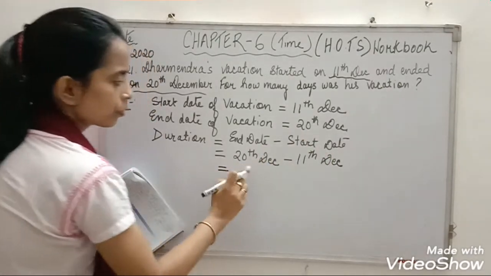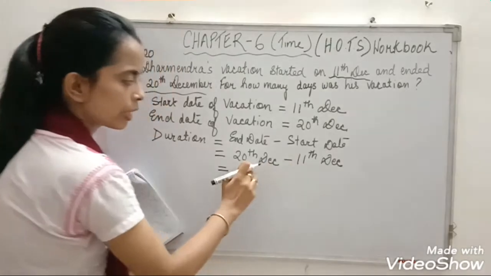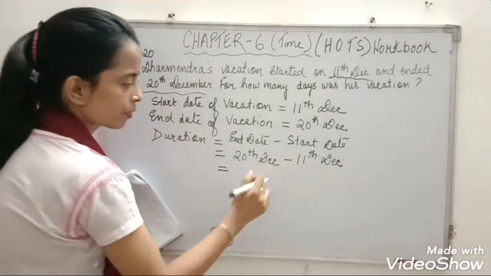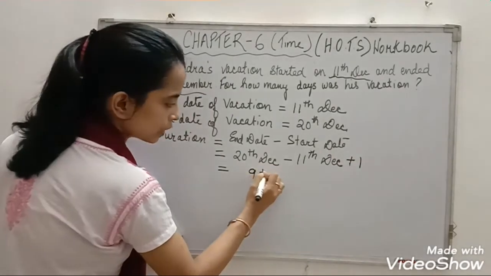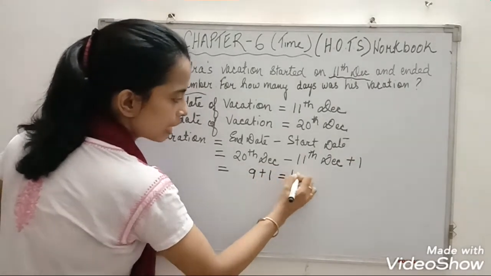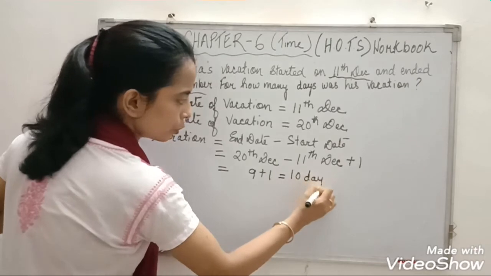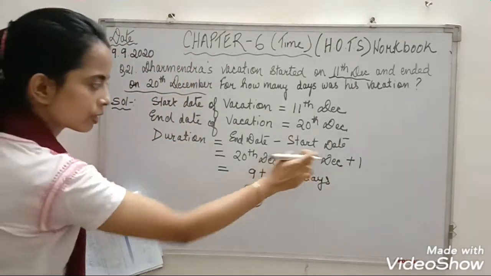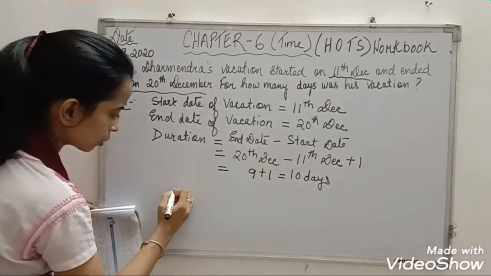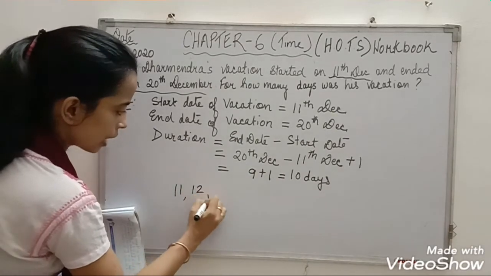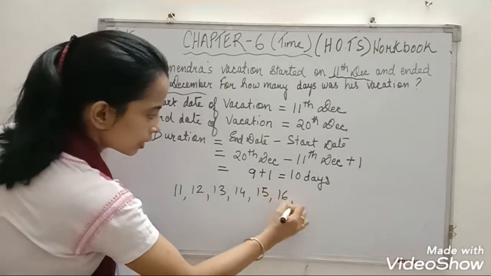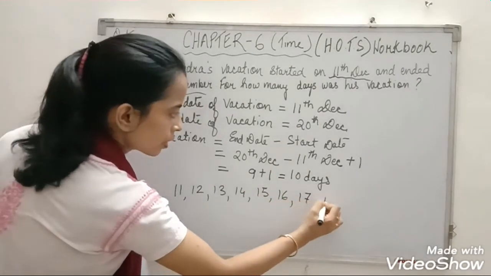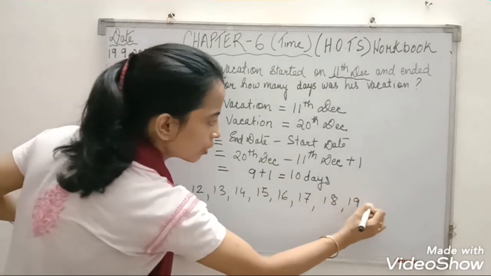Once you subtract, you will get how much? 20 minus 11 is 9, but you have to add 1. So 9 plus 1 equals 10 days. Why? I will show you. Calculate from the start date to the end date. Just count: 11, 12, 13, 14, 15, 16, 17, 18, 19, 20.